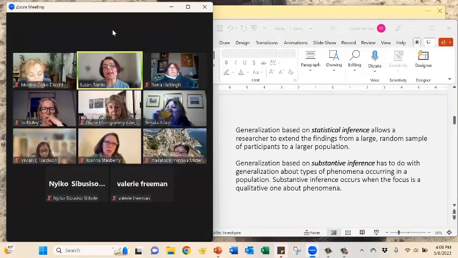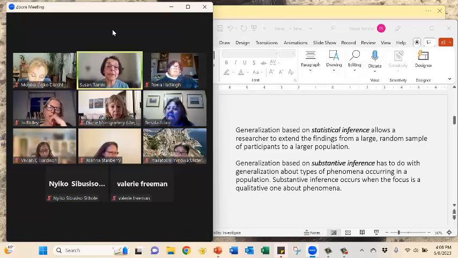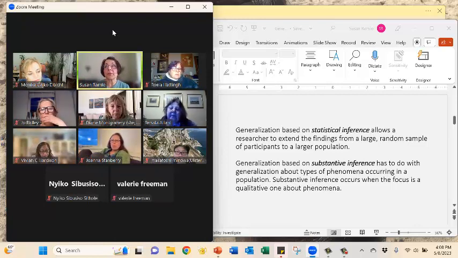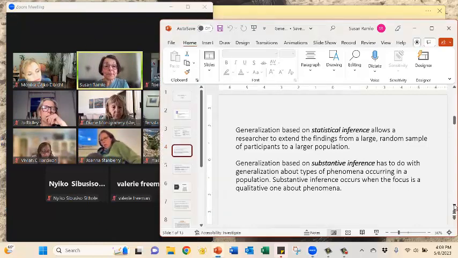So we have generalization based on statistical inference, which allows a researcher to extend the findings from a large random sample of participants to a larger population. And then we have generalization based on substantive inference, which has to do with types of phenomena occurring in a population. Substantive inference occurs when the focus is more qualitative. We're looking at the phenomenon itself.